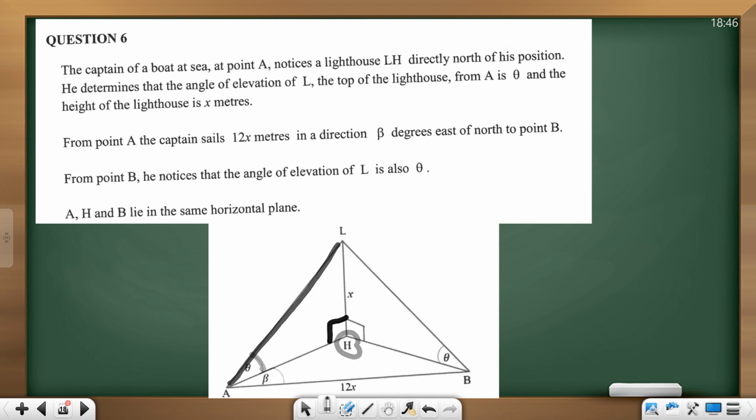Elevate means to look up. Of L, the lighthouse from A is theta, and the height is X. Oh, lovely. From point A, the captain sails 12x meters in the direction of B. There we go. East. From point B, he notices the angle of elevation again is theta. A, H, and B lie on the same. This means on the ground.